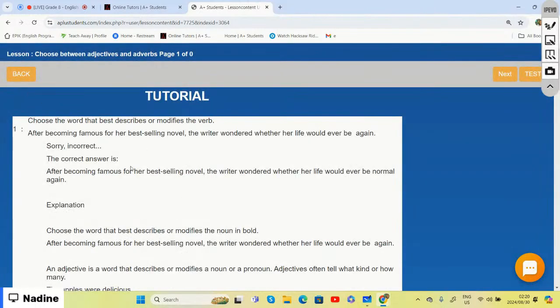So now we're going to look at an activity and then we're going to our test.